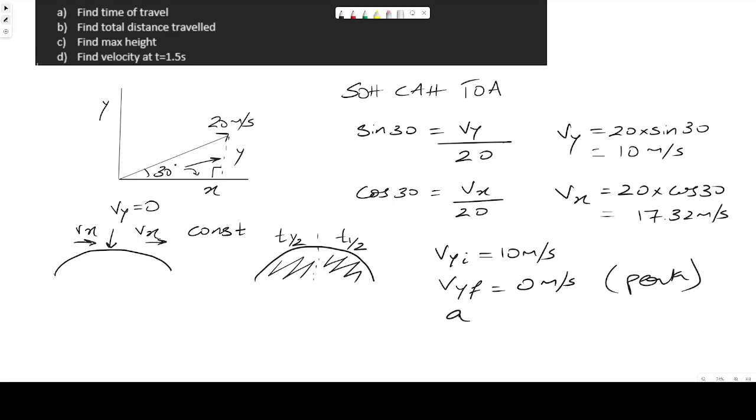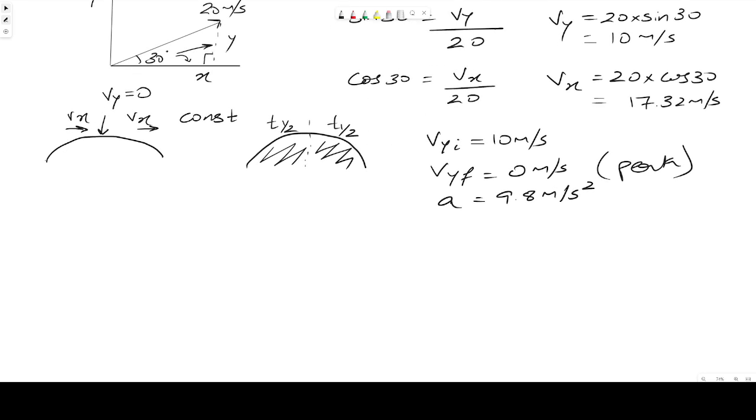I know the acceleration due to gravity is 9.8 meters per second squared. Now using the equations of motion, I'm going to use v equals u plus at. Rearranging, 10 divided by 9.8 is equal to the time, or the half of the time, so t half in this case is 1.02 seconds.